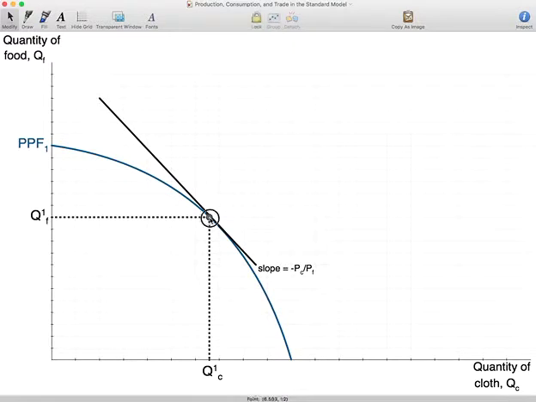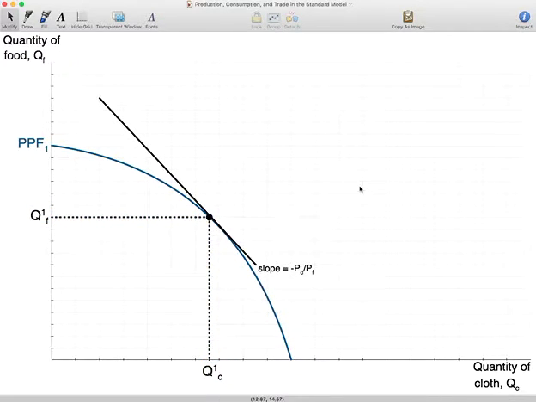So we have that point right there. This is the level of production without trade, and this is also the level of consumption since there is no trade. The ISO value line, as I've previously stated in other videos, I call it the price line, gives us Q1 of food and Q1 of cloth at that particular point.